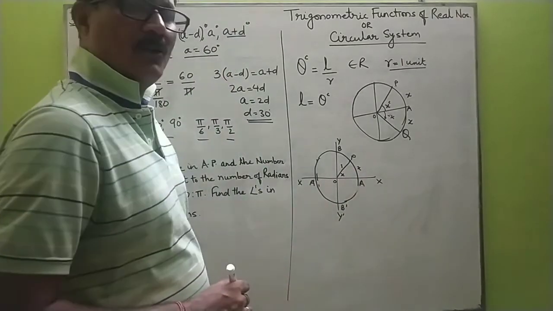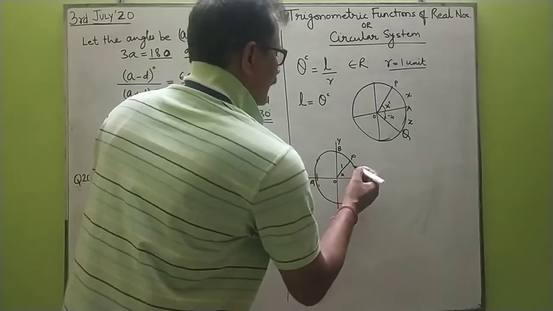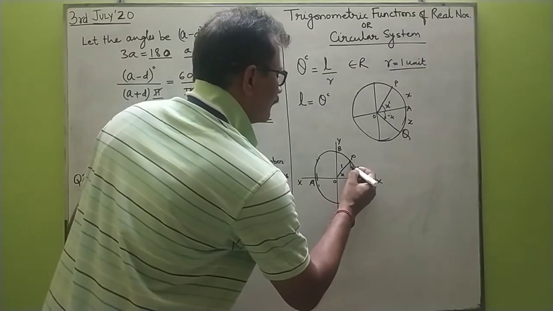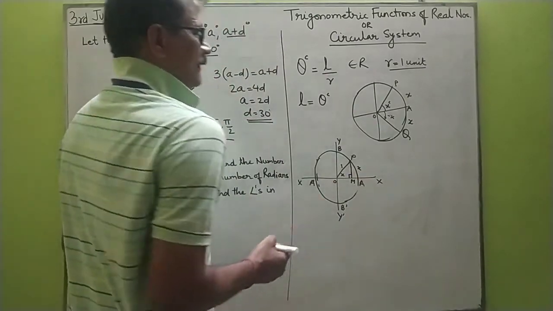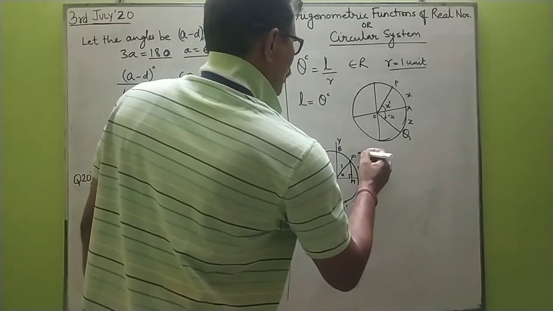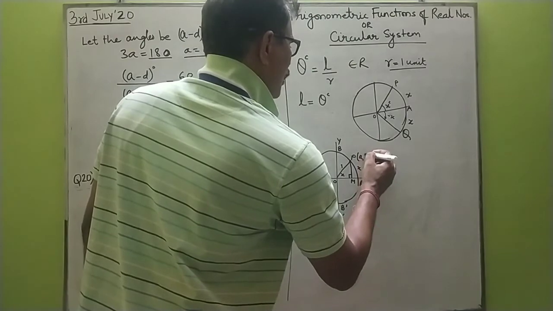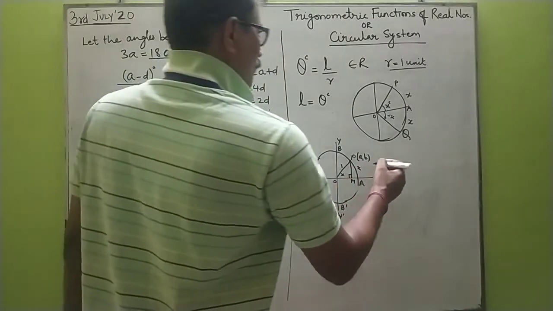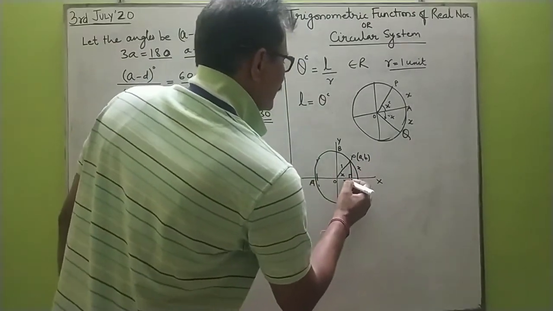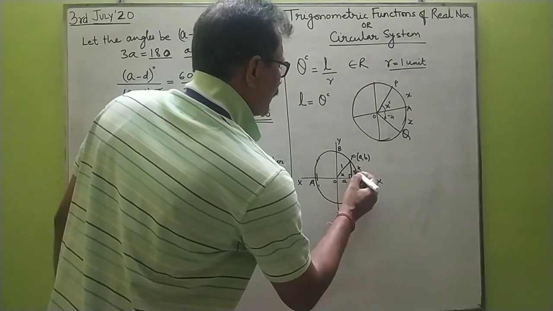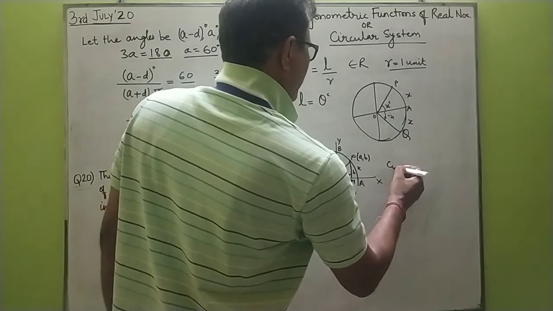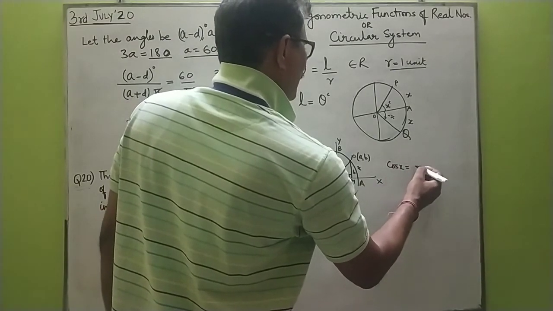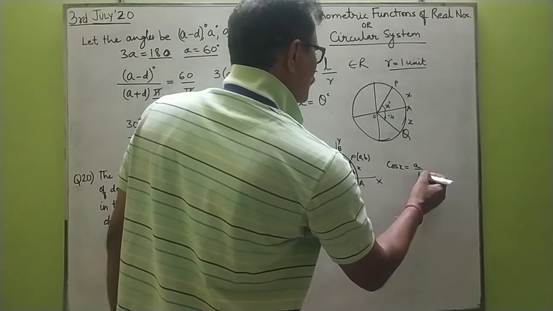Now what you find here is that if I drop a perpendicular from P onto the x-axis and mark the foot as M, then with the coordinates of P as A comma B, this is A and this is B. Now what will be cos x then? Cos x will be A upon hypotenuse, which is 1.